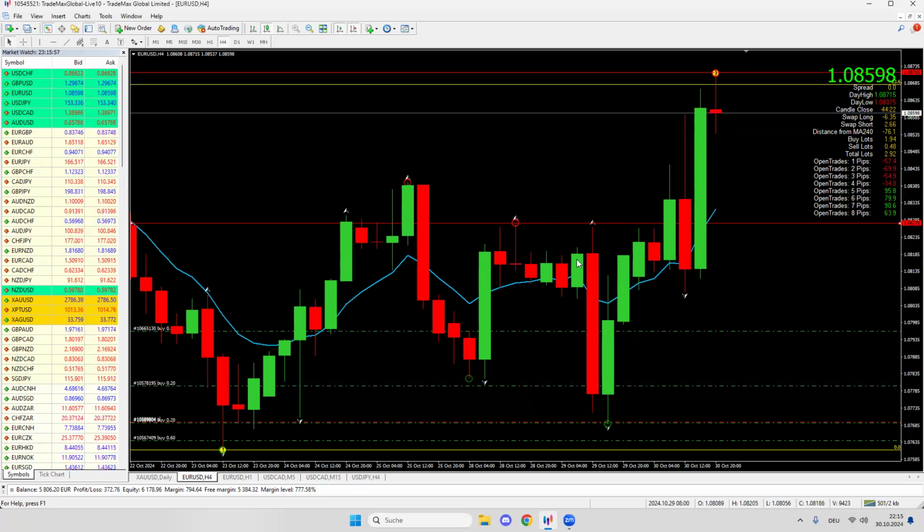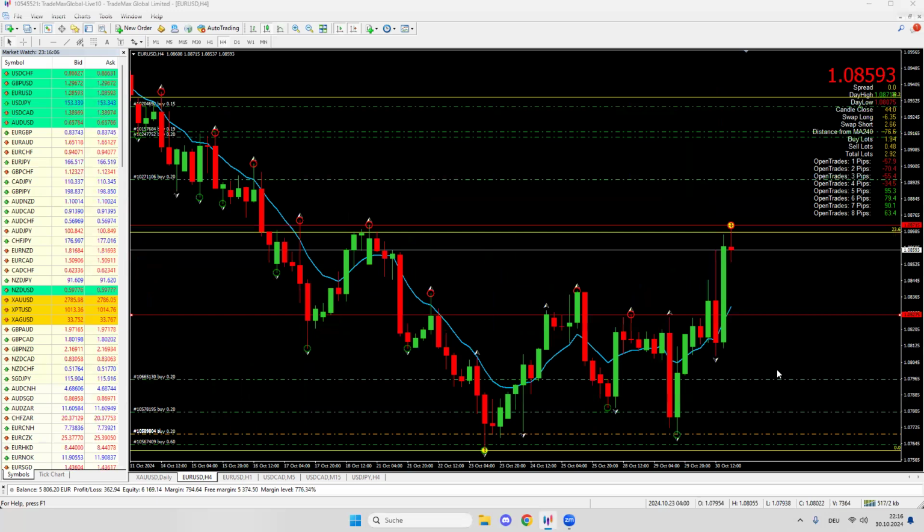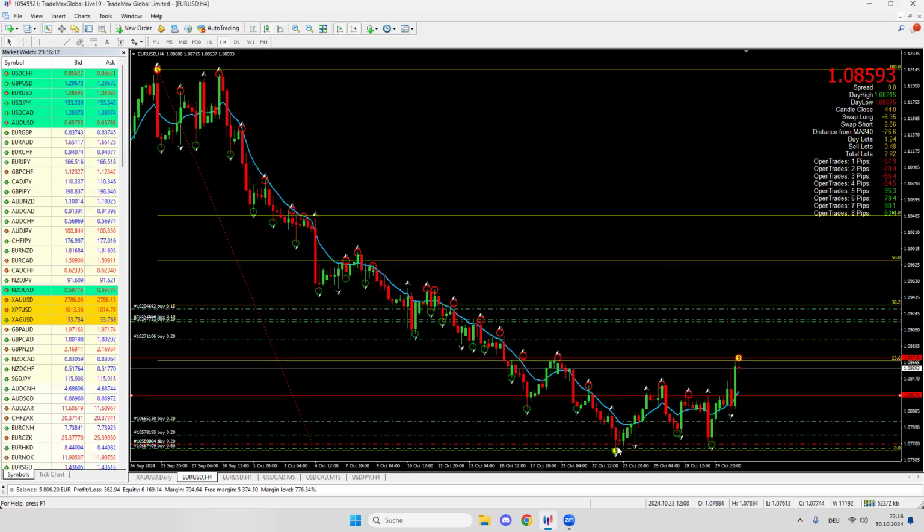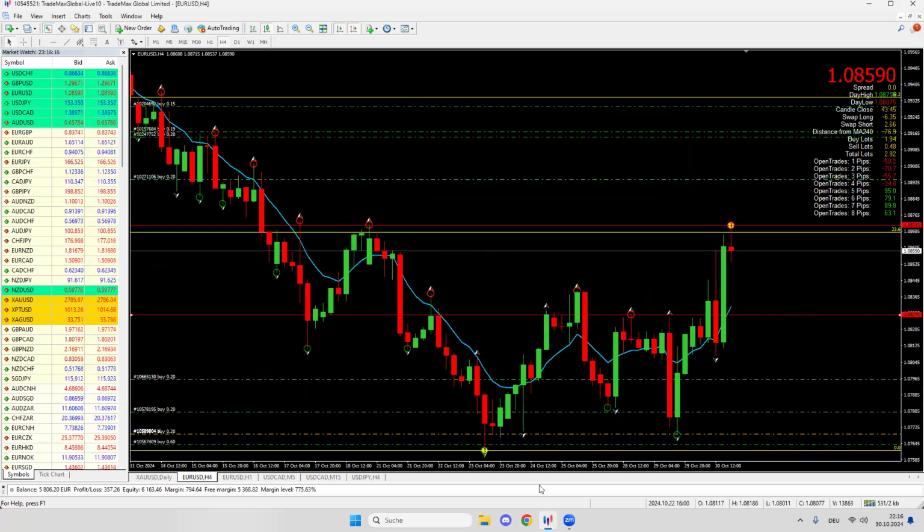For me, that wouldn't be a clear sign to prepare for buys, but maybe some traders already would. Why? Because if we are looking at the bigger picture, this is the lowest low that we have, where the 3 level is, the yellow 3. If I zoom in, then I see the lower low, and then I see a higher high, and then I see a higher low.